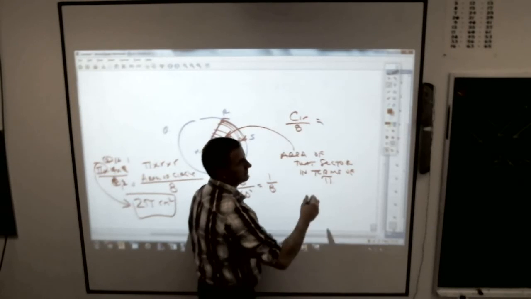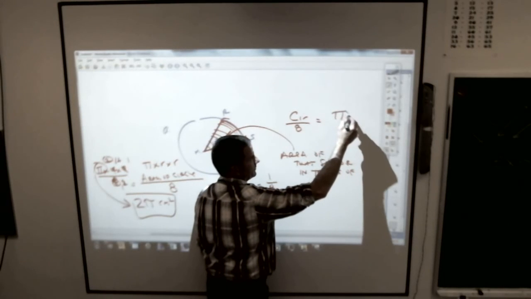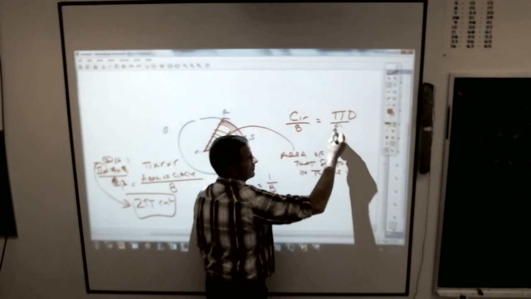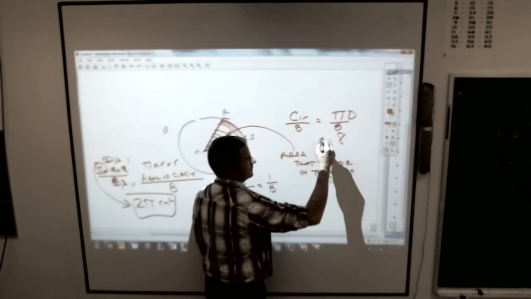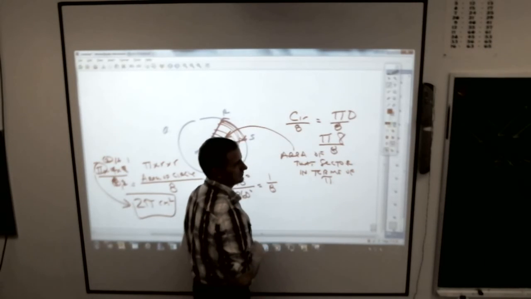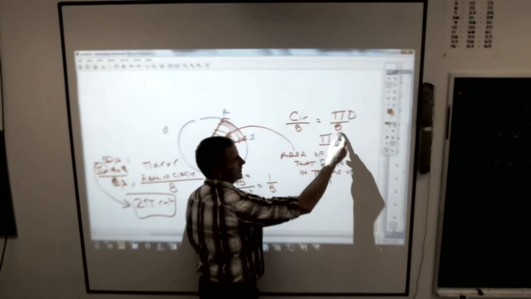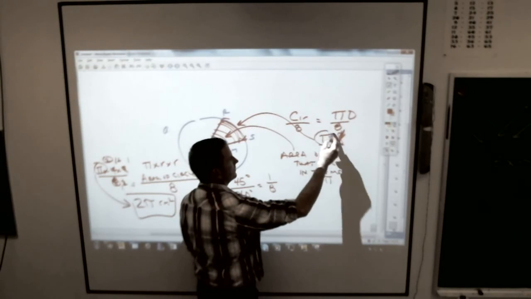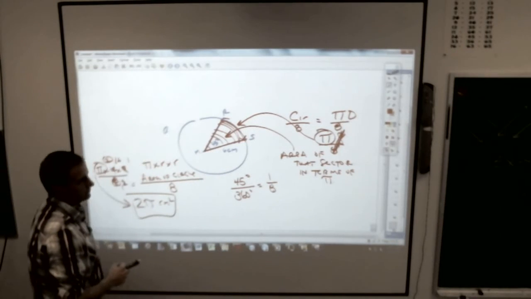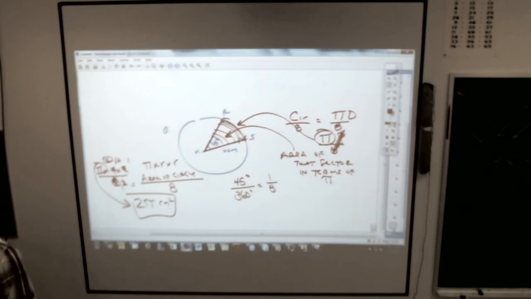Pi times diameter. What was the diameter? So if you have 8 over 8, those are going to cross off. Guess what? How big is that? 1. Just 1 pi, 3.14. I love math.